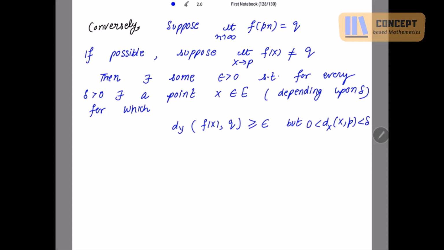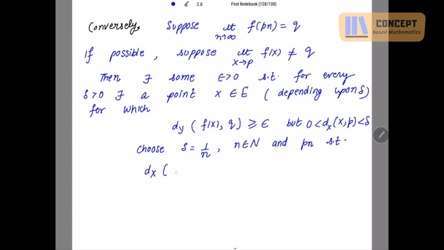I can choose any delta, it should be positive, so let me choose delta to be 1 by n, where n is a natural number, and I take this Pn, replacing x with Pn and delta with 1 by n, because Pn is a point of metric space X. So what is the distance in x?